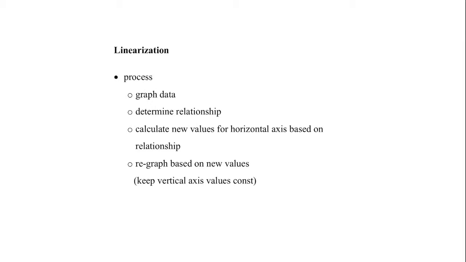The vertical axis is always going to stay constant. So always remember you're always calculating new values for the horizontal axis, but your vertical axis is always going to be constant. So please remember that.